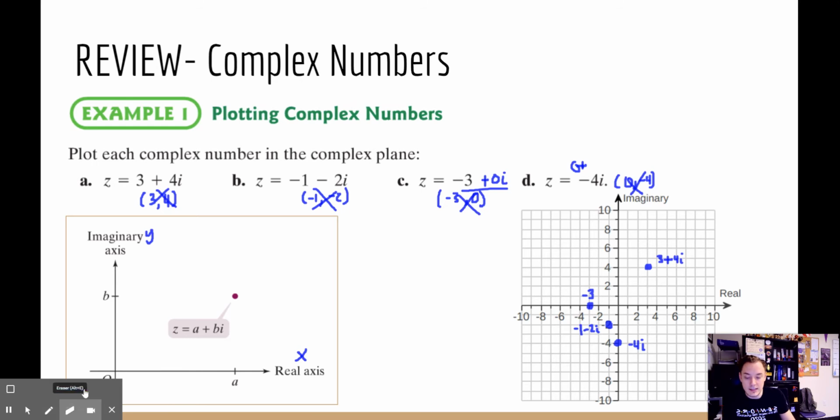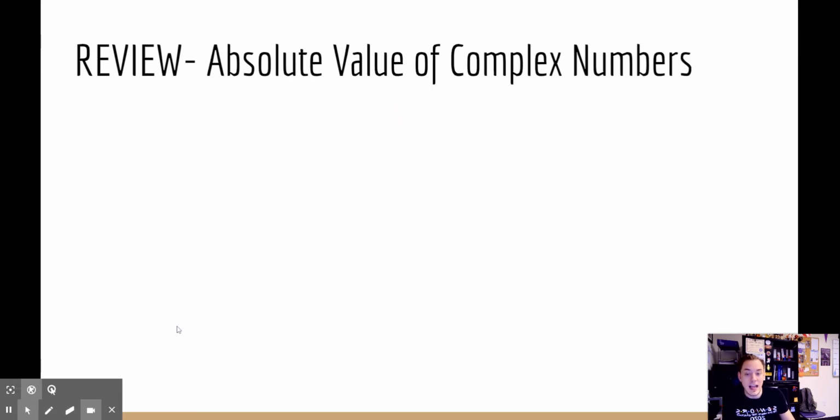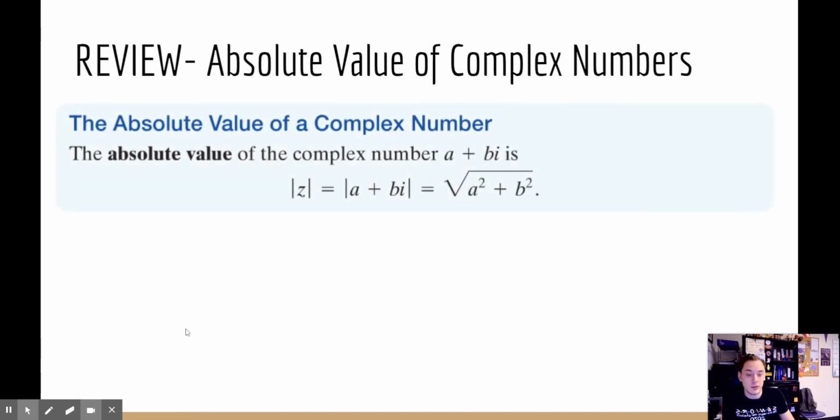Let's move on to our last set of review here for complex numbers, and that is the absolute value of complex numbers. So this is the absolute value of complex numbers, and now it should be very familiar to you. I had a purpose for when I taught this to you in Algebra 2. What is that? That, my friends, is simply just your Pythagorean theorem.